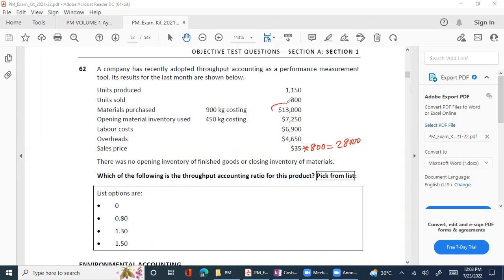And we will subtract the cost of purchases of materials, minus 13,000. So we will get the throughput in total. And now we need to have the factory cost. Factory cost is the labor cost and the overhead cost. So the sum of these two will be how much?